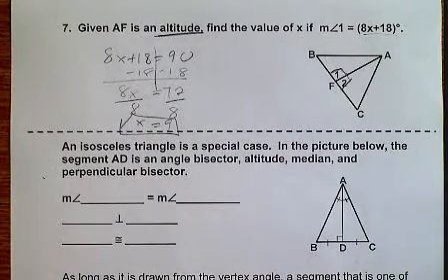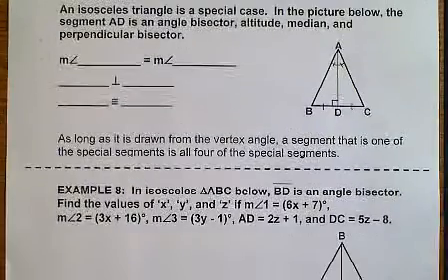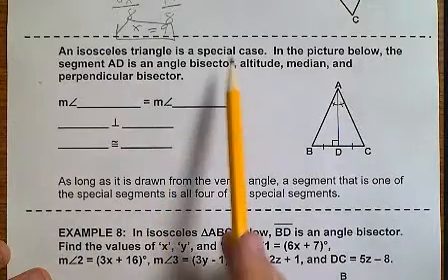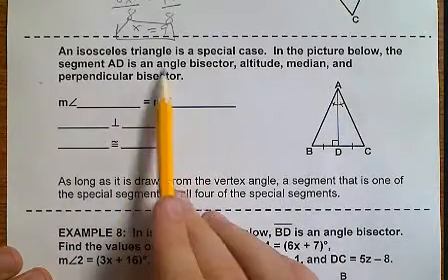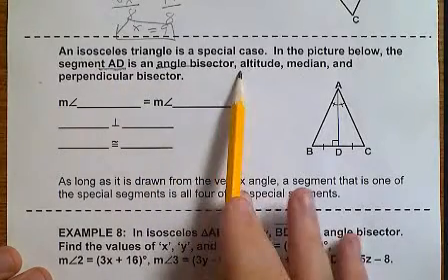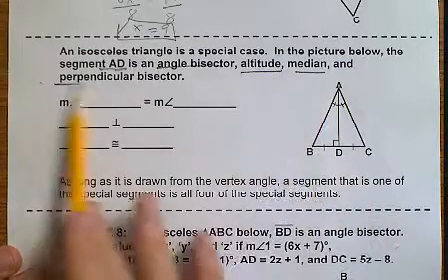Alright. Let's go ahead and talk about the isosceles triangle. So now we're talking back about isosceles. This is the special case. Okay, AD is an angle bisector and an altitude and a median and a perpendicular bisector.